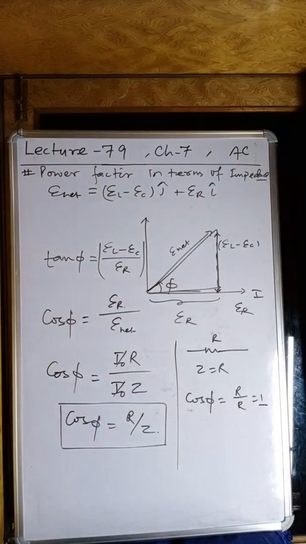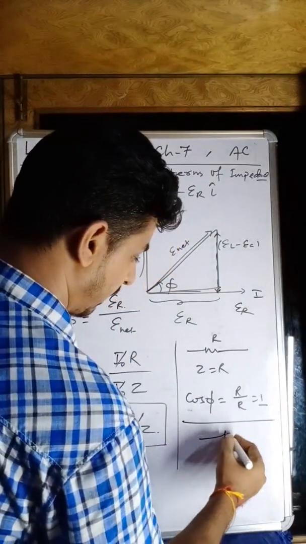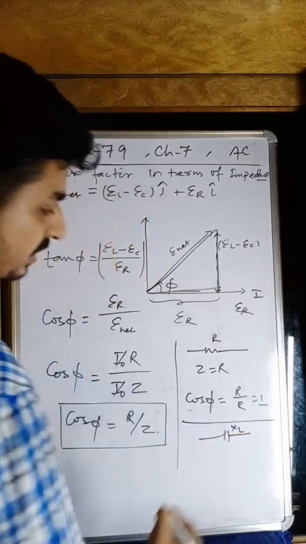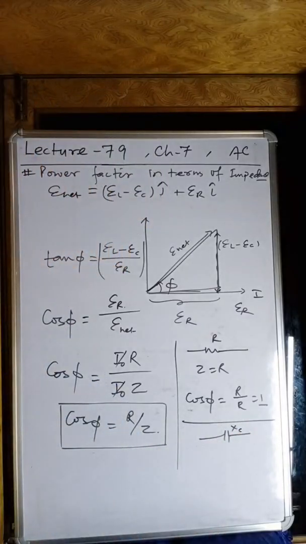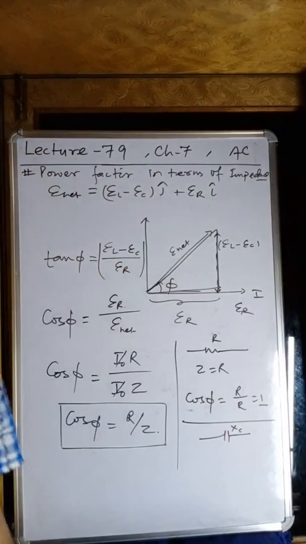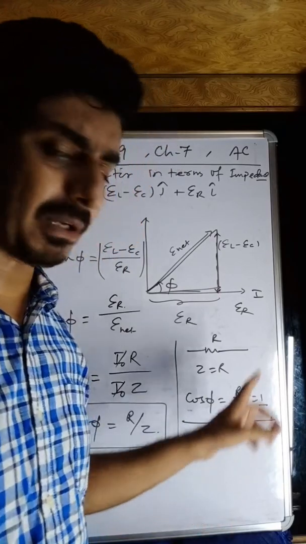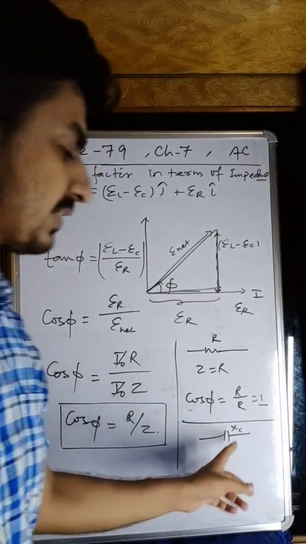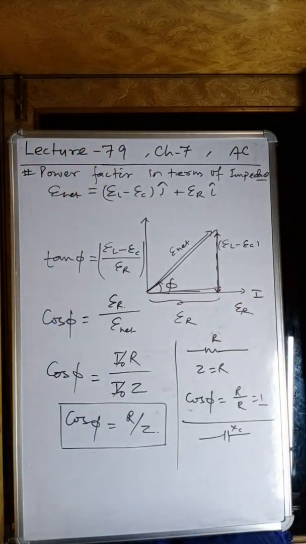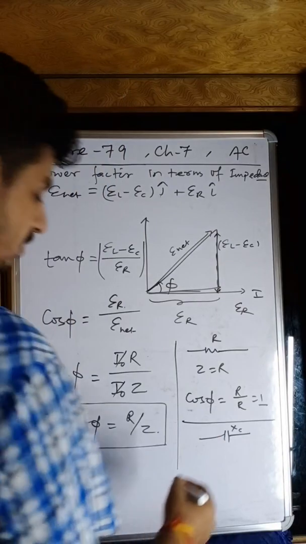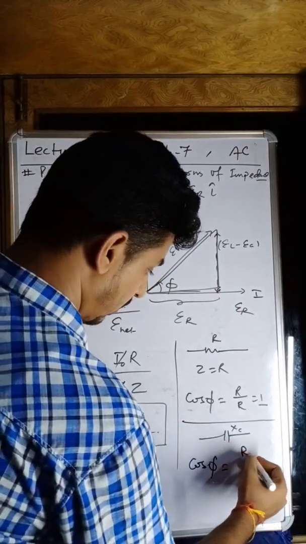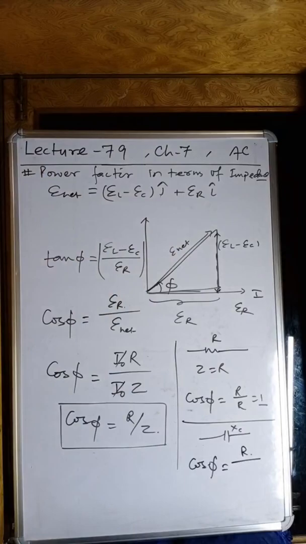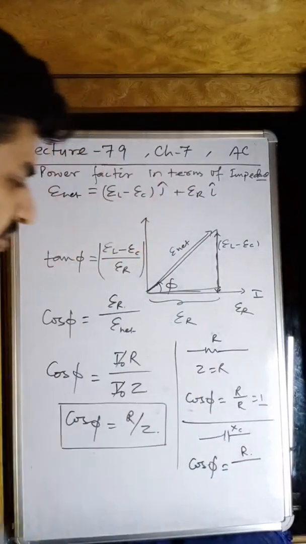But when we talk about the capacitive circuit, then its resistance becomes XC. XC for the capacitive circuit, and the impedance in case of a capacitive circuit will be XC, remember. In that case cos phi is R, the resistance, over the impedance XC.